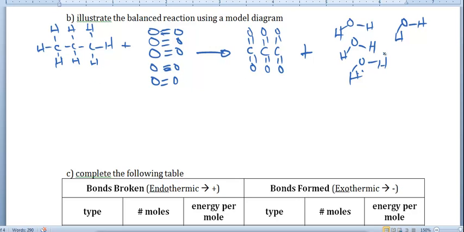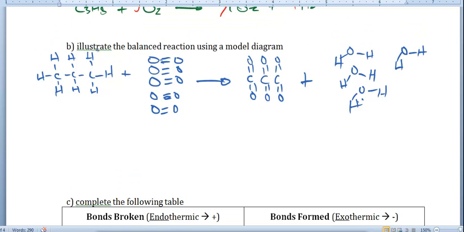Okay, now I'm going to scroll down. We're going to lose the structure here for a second, but I just want you to know this is what I mean by if you're asked to illustrate a balanced chemical reaction using a model diagram, this is the kind of thing that you need to know. What this tells you is the type of molecules, the type of bonds that are connecting them, and how many of each different compound we have, right?